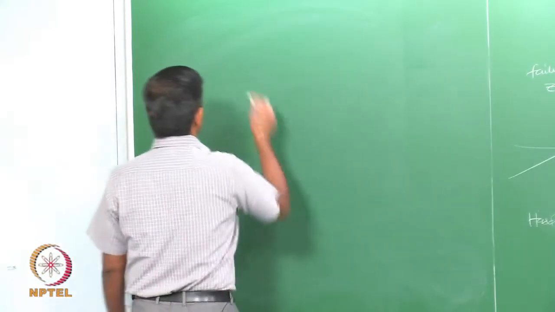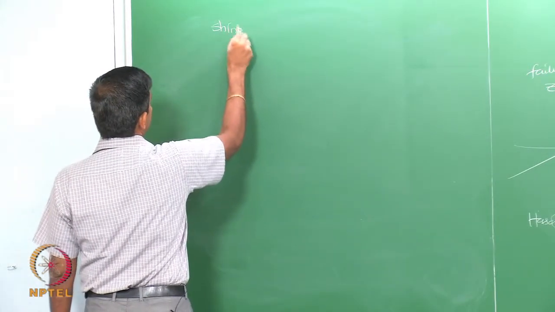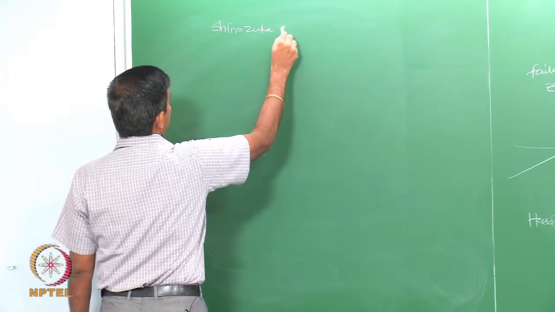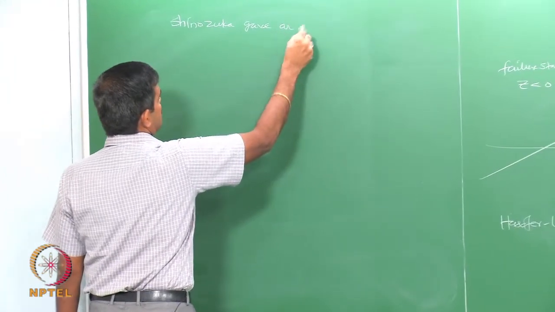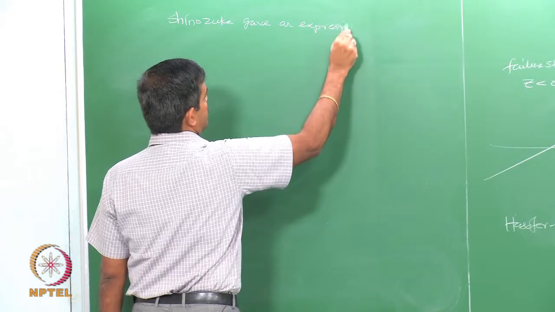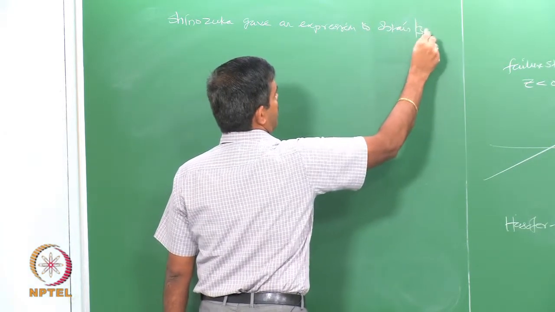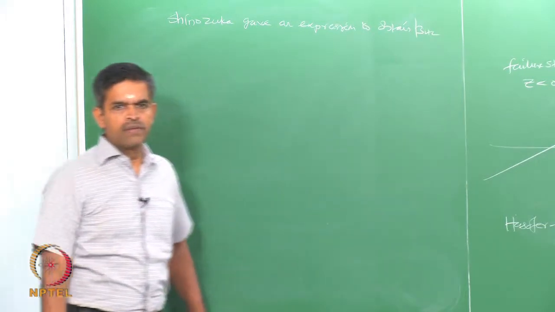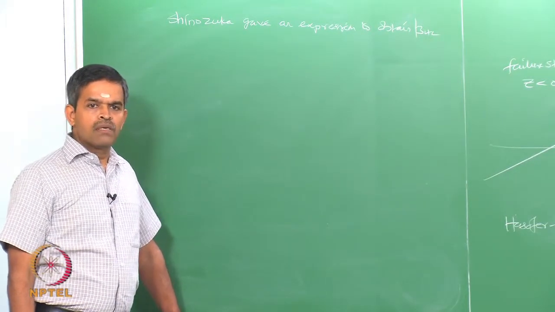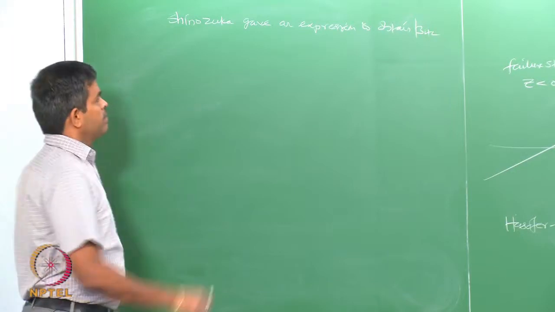Shinozuka obtained an expression to obtain the Hasofer-Lind index, which will tell me the minimum distance.